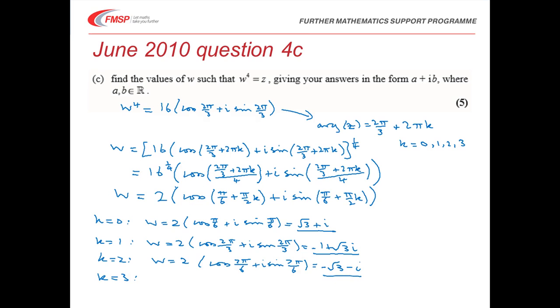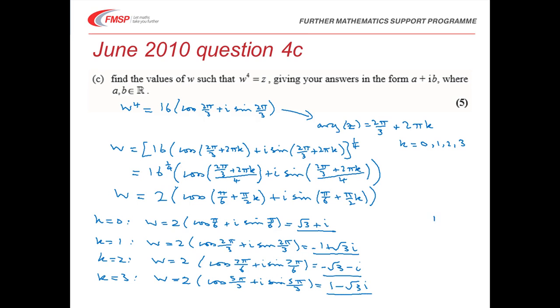If I carried on with more values of k, I just get repetitions of the answers that I've just found. So I can stop at k is 3, and that gives me my final answer. So we've found all 4 solutions for w.